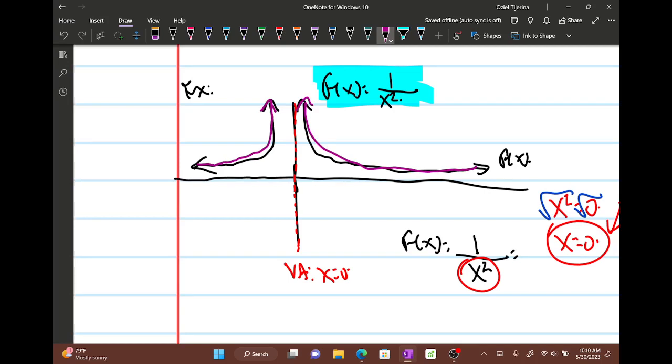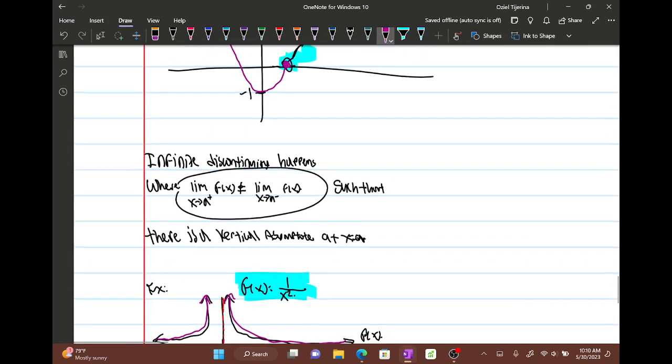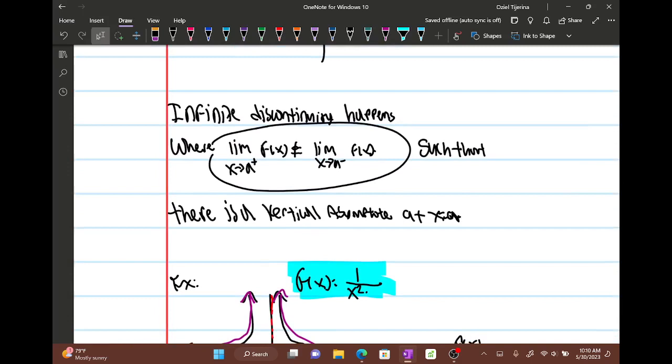But remember that in order for it to be an infinite discontinuity, basically, and actually, this is sometimes true, sometimes not true, okay? I want to emphasize that. I'm sorry, guys.